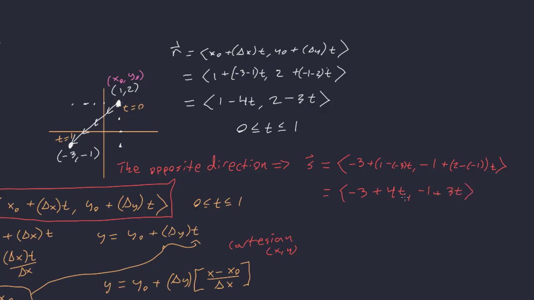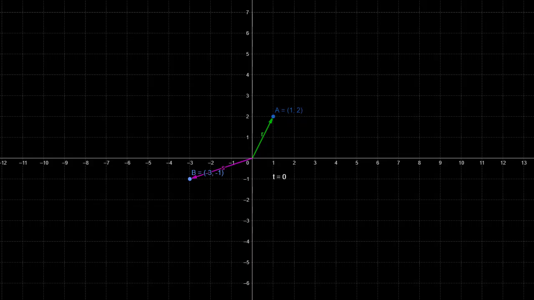So as we can see, the number itself is the same in the slope portion of it, but we have a different starting point. And then here they are on the graph, or this S that we just created. So to go in the opposite direction, it's not just a matter of negating everything. You have a different starting point.